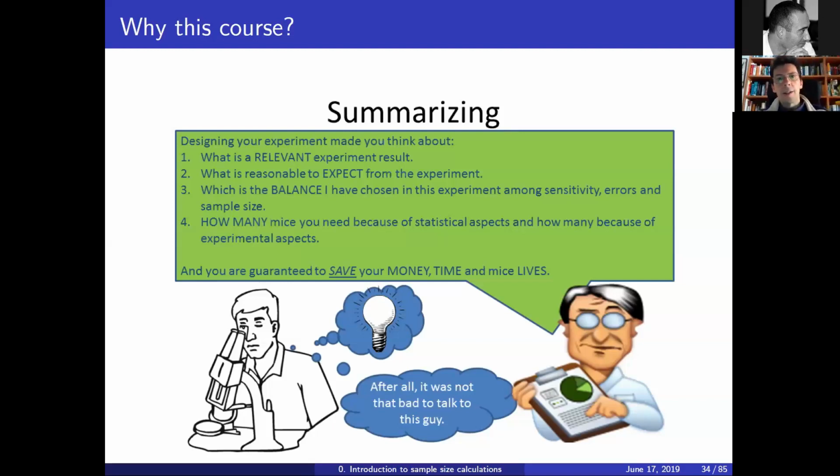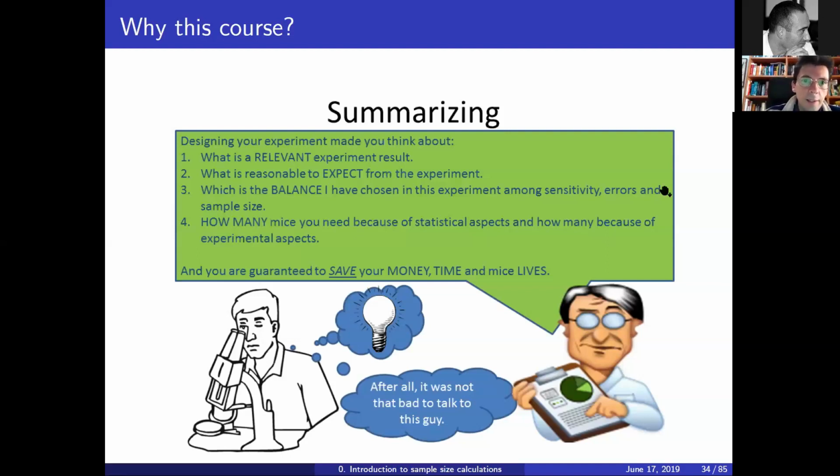And so in this procedure, you are balancing your expectations about the experiment, the sensitivity that you want to achieve, and the errors that you are able to admit. So how often you want to say that there is a difference when there is not, and how often you want to miss a difference that is really there.